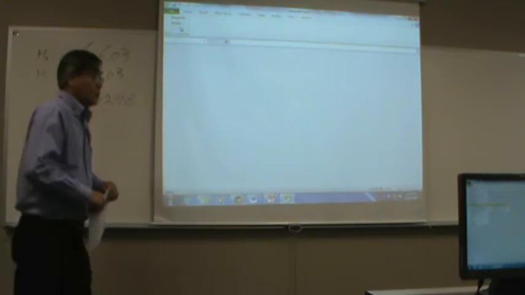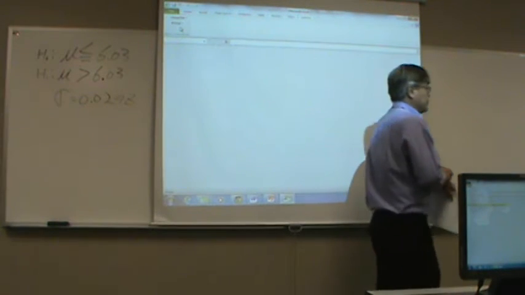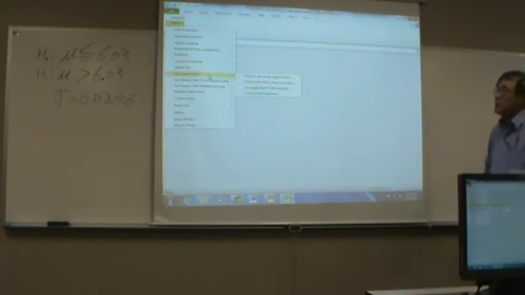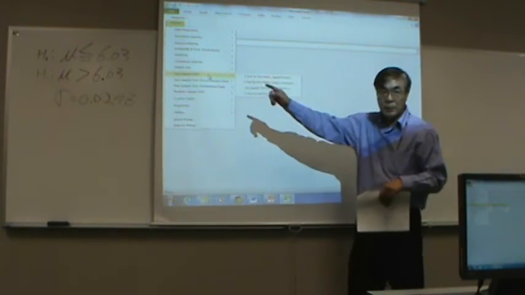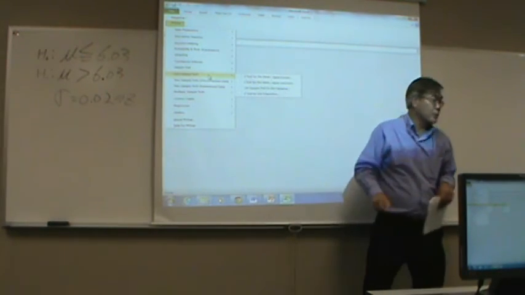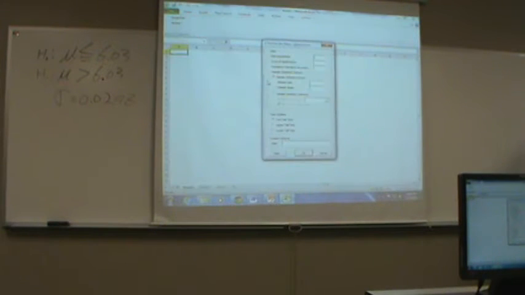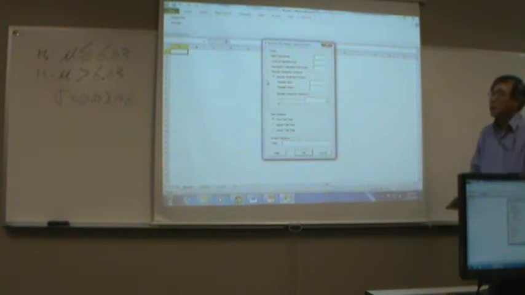This is a one-tail test and Z test. Click PHStat and then go down to One-Sample Tests, and then the Z test is the first one. Click the first one, Z test for the mean, sigma known. Type in the data.